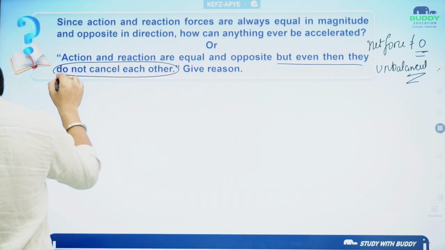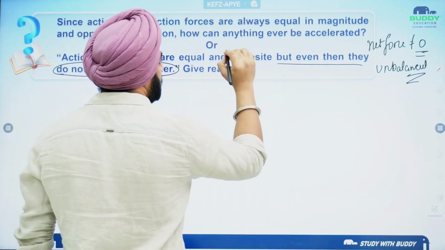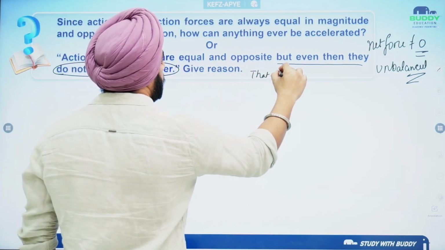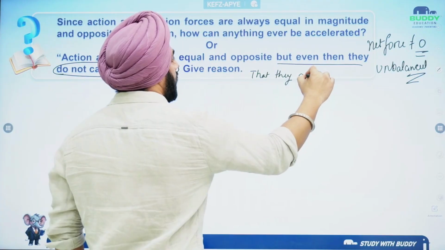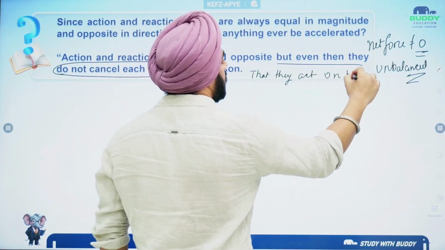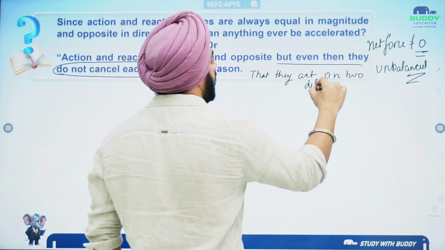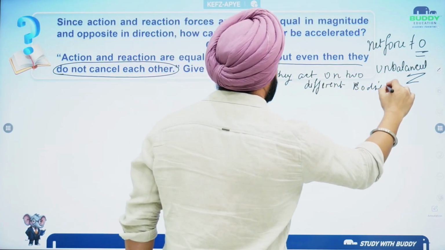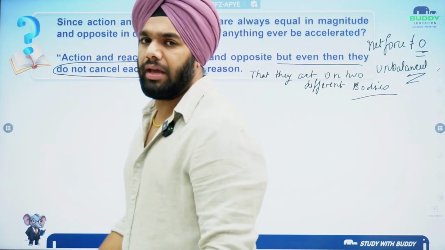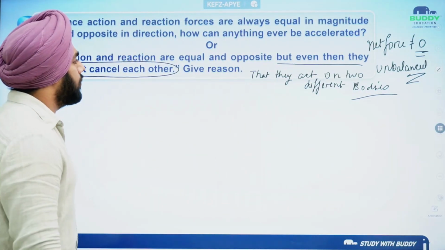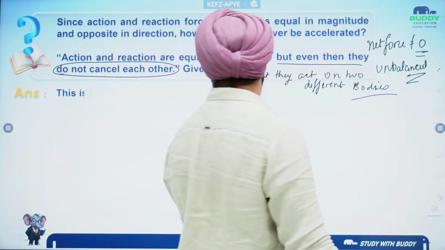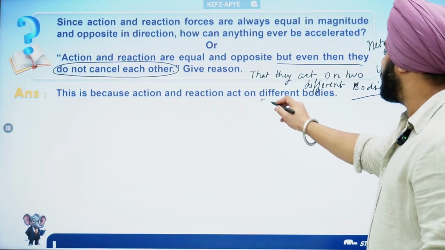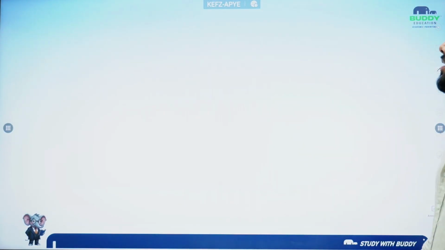It's a very basic answer that you can simply write down in one line: they act on two different bodies at the same time, right? If action is acting on body A, then reaction will be acting on body B. This is because action and reaction act on different bodies. This is just the one line answer.